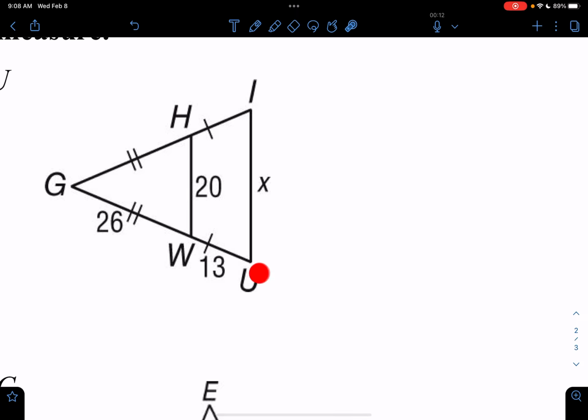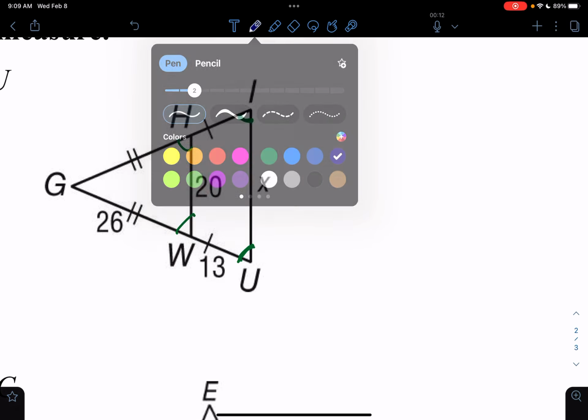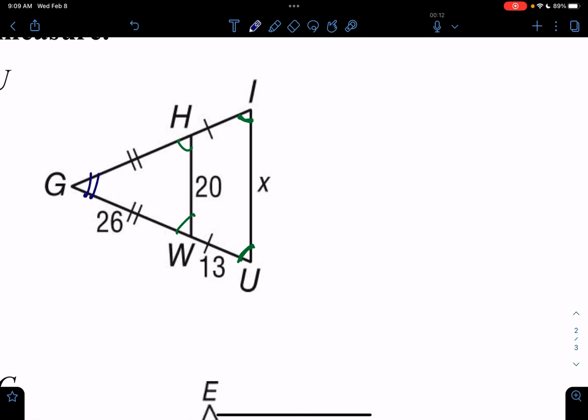I see that the big triangle is isosceles. I can definitely say that this angle is like this other one, it's the same angle. And then we have a third angle right there.